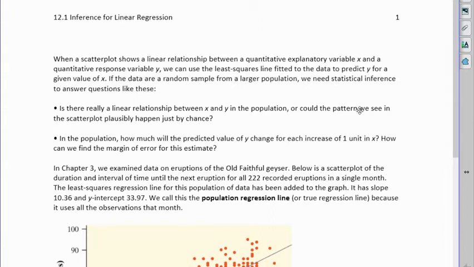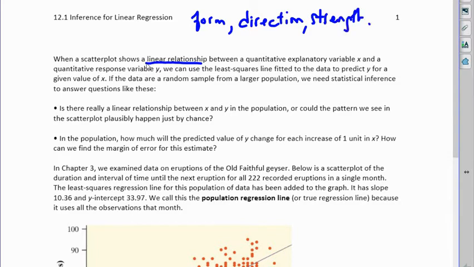So, talking about linear regression, after looking at the form, because we have to plot it to see the form, and looking at the direction and the strength, we think there may be a linear relationship between two quantitative variables.